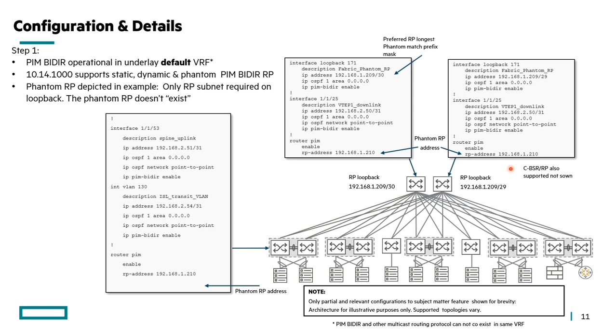So in this example, we've got a primary and a backup, effectively phantom RPs, with the /30 being the active phantom RP with the preferred, or longest, mask, and the /29 as the backup or high availability RP. And then the actual phantom RP address is 1.210, which is configured on the leaves and the spine in this case.